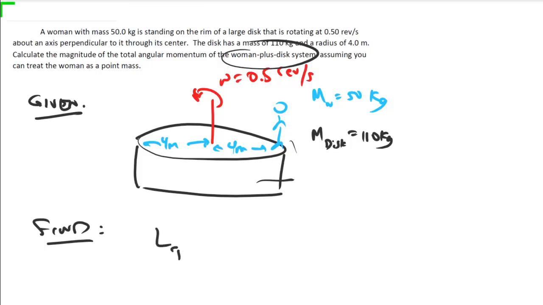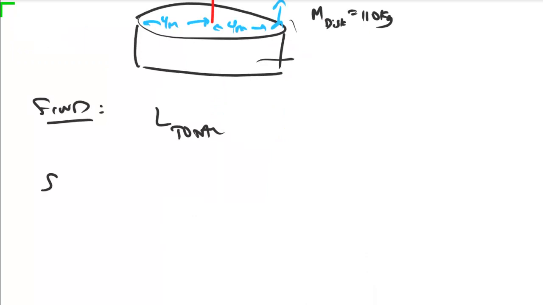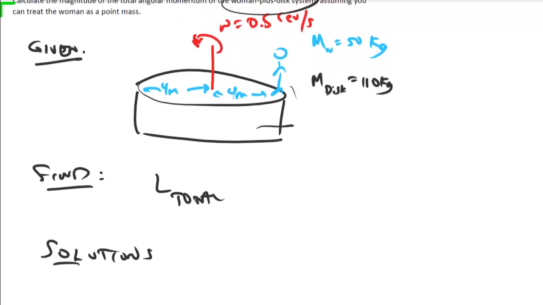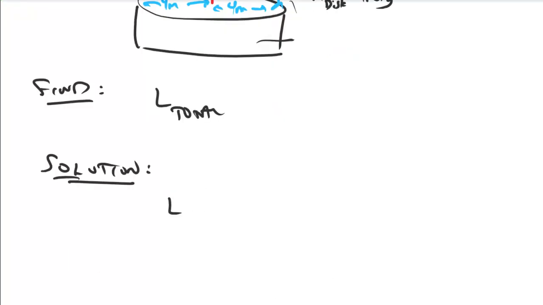So we're looking for L total of the whole system, and the solution to this is that the total angular momentum, L total, is equal to the angular momentum of the woman plus the angular momentum of the disk. And actually, angular momentum is a vector quantity, right?